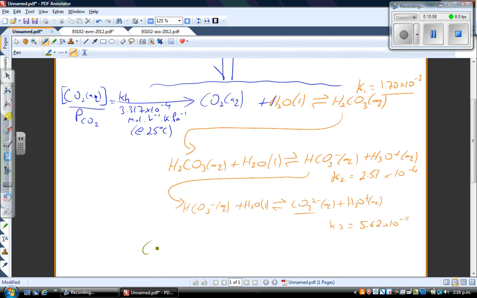Calcium carbonate, CaCO3 solid, is sparingly soluble, therefore it's in equilibrium with its two constituent ions, which are calcium, Ca2 plus, and our carbonate. Our carbonate is going to contribute to that concentration, and the Ks value for that was equal to 4.8 by 10 to the minus 9.